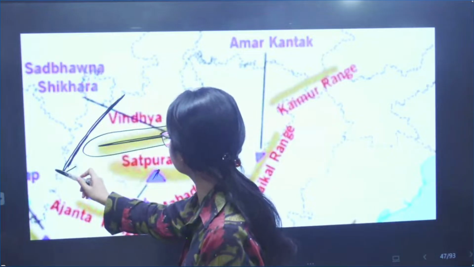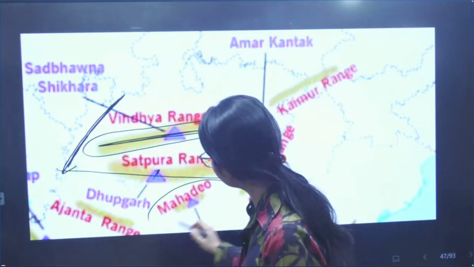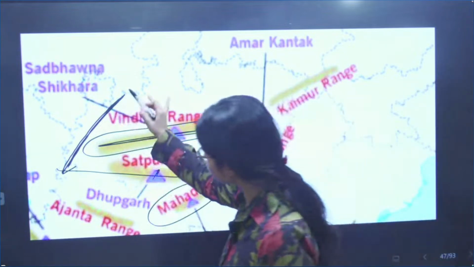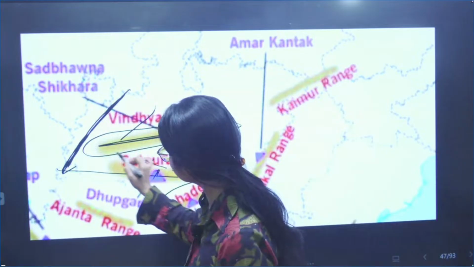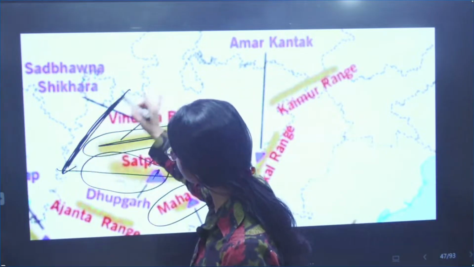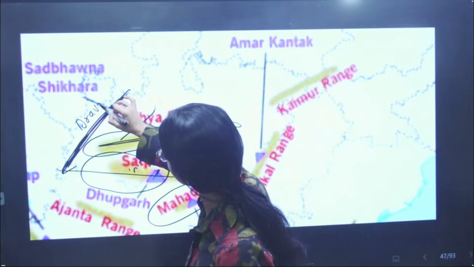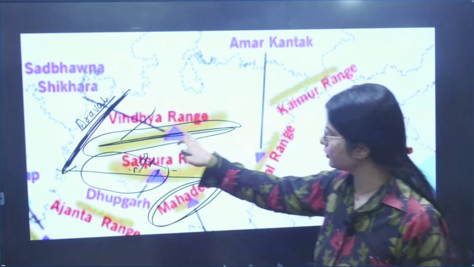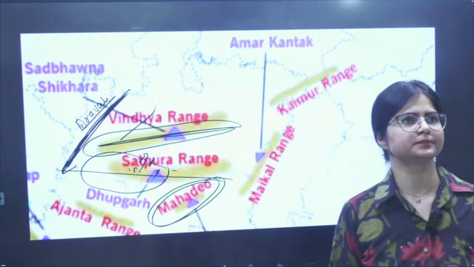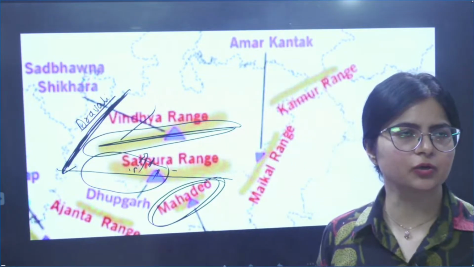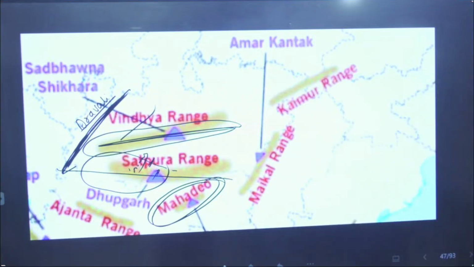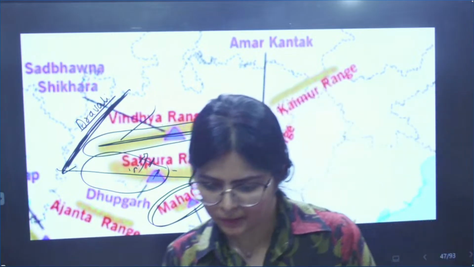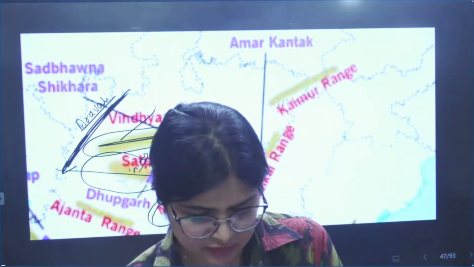This is your Aravallis, and here is your Mahadeo. In the east you have Mahadeo, and in the northwest you have Aravallis. You can write Vindhya in the north, and note it in brackets. Done.